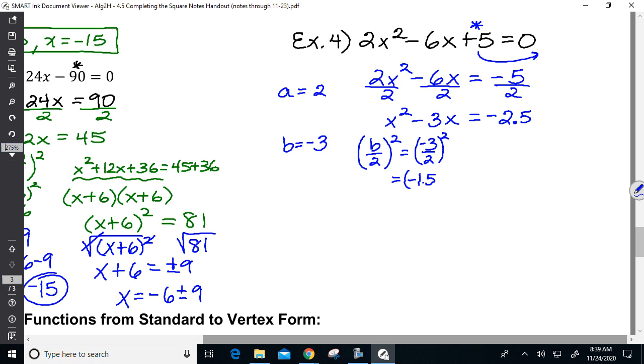Negative 1.5 squared, which is 2.25. So that's what you're going to add to both sides.